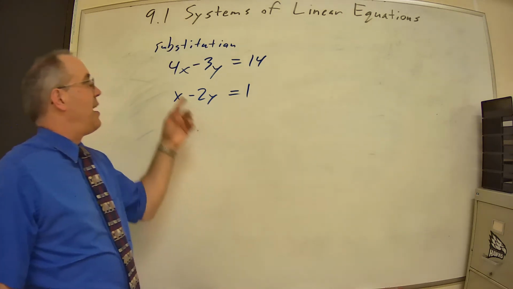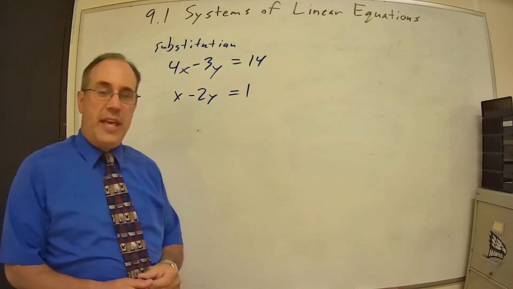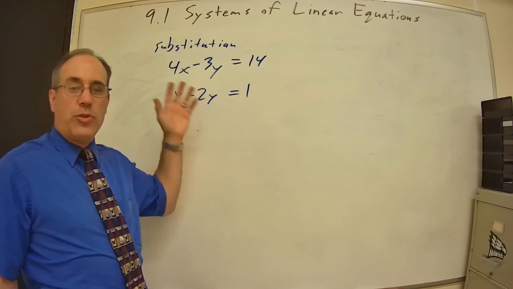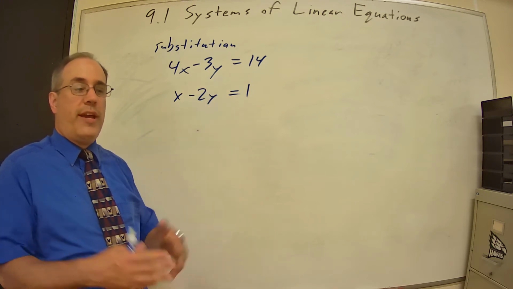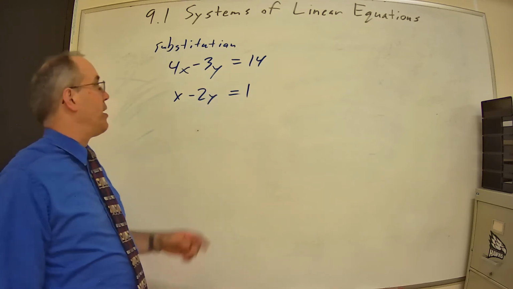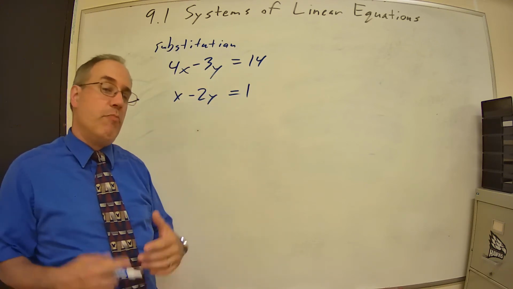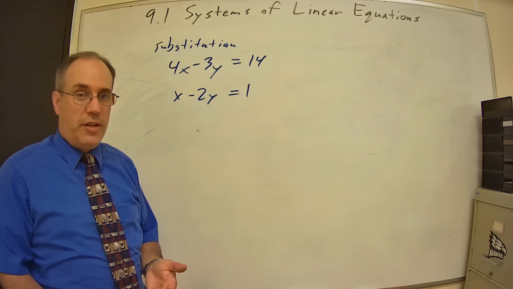So the idea is I have two equations and two unknowns. And I will state for the record that if you're going to be able to solve and actually get the solution, as opposed to a range of solutions, which we'll explain a little bit later, to a system of equations, you need to have as many equations as you have unknowns.